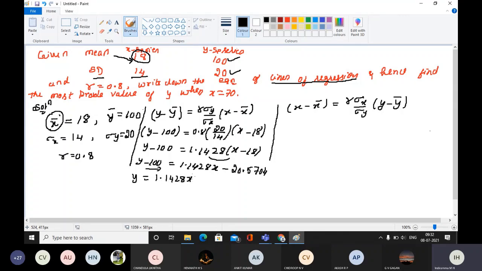1.1428 into x. So it becomes 100 minus 20.5704. What do you get? 79.4296.